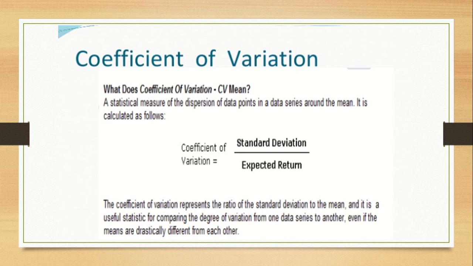It is calculated as the standard deviation divided by the expected return. So the coefficient of variation represents the ratio of the standard deviation to the mean, and it is a useful statistic for comparing the degree of variation from one data series to another, even if the means are drastically different from each other.